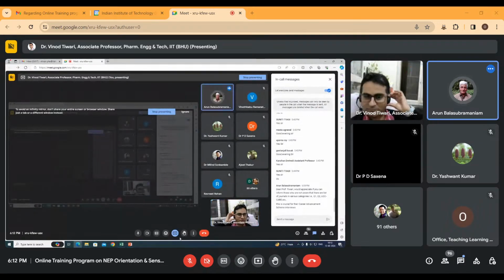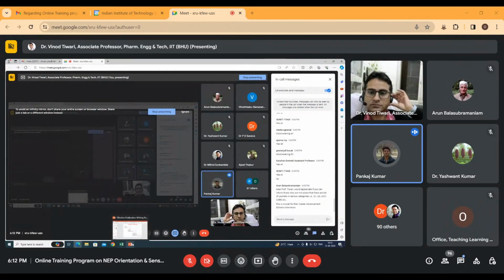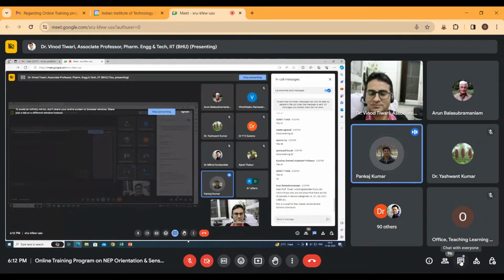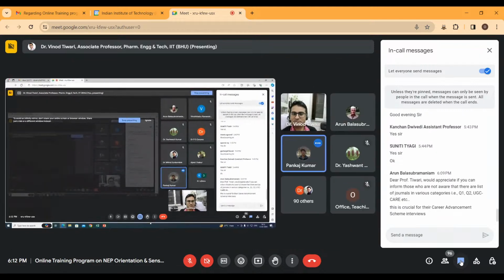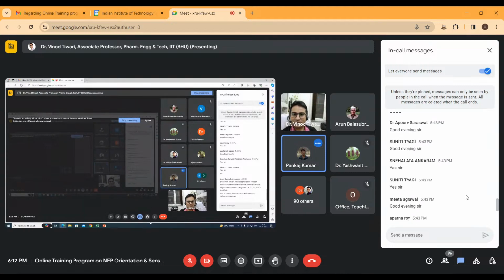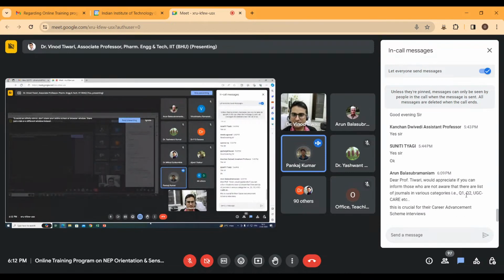Just to add to your comment, sir, people should be looking up Q1, Q2, Q3, or Q4 journals, and then UGC CARE, which has 2 groups. Initially, it had 4 groups. Now it has been categorized into 2 groups, right? UGC CARE 1 and 2, and so on. And UGC CARE is more important these days, right? So you should be looking at that.